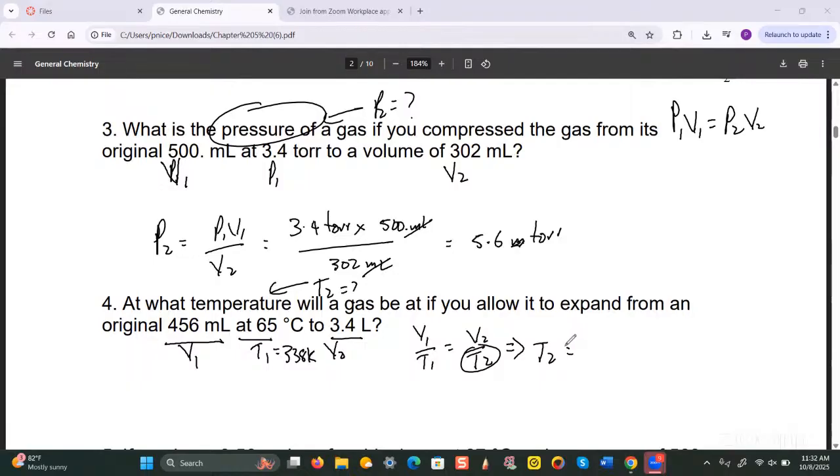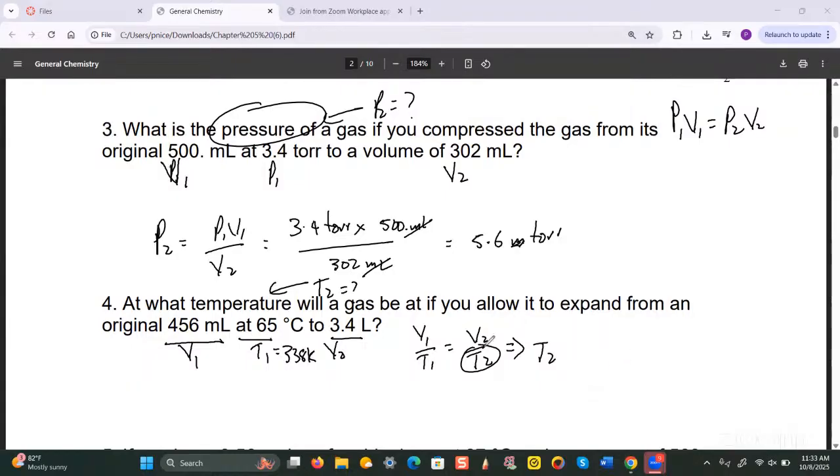Divide, it would be V1 over T1 times V2. Start again.